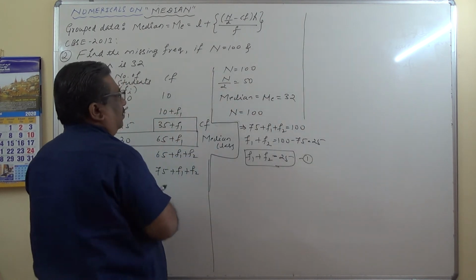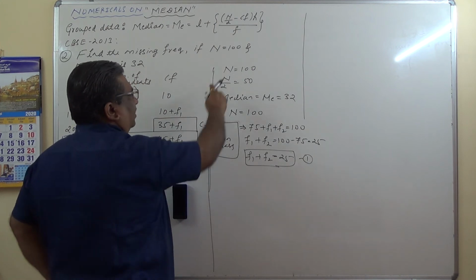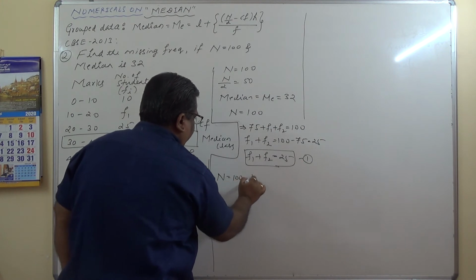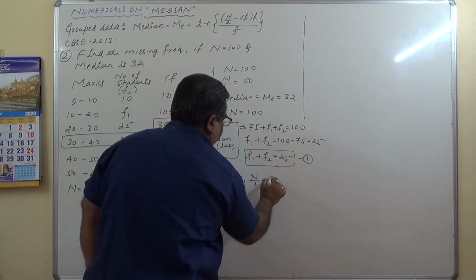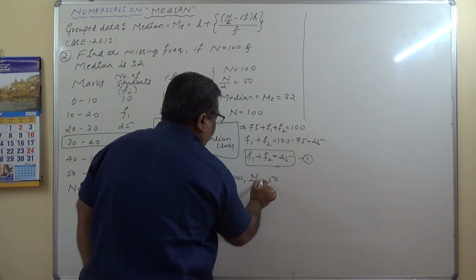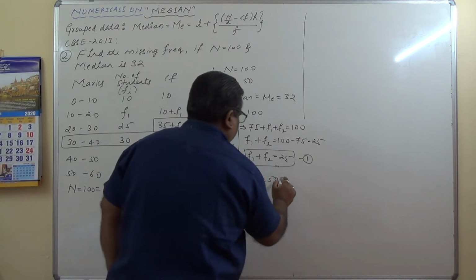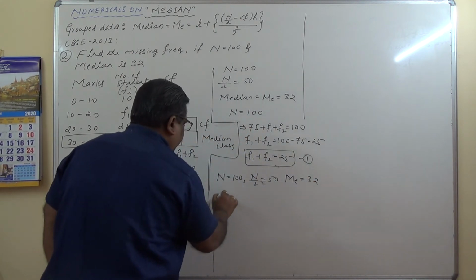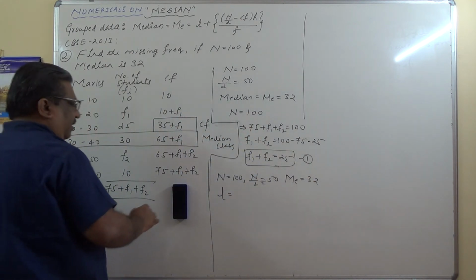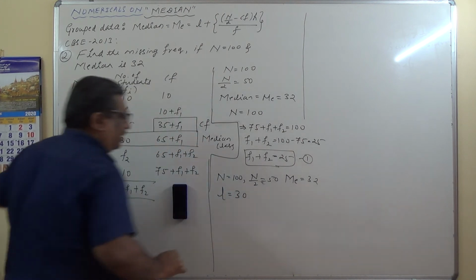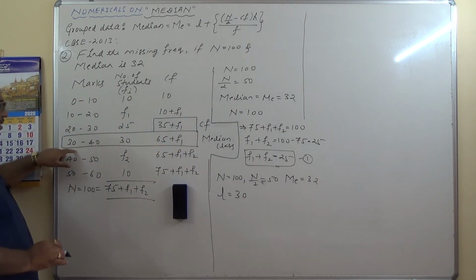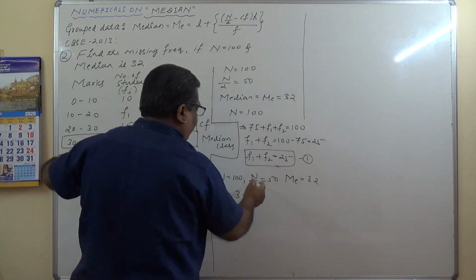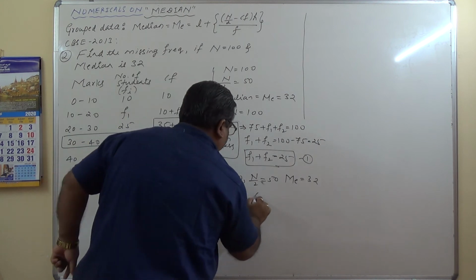Now once again I would like to write all the given information. N equals 100, n by 2 equals 50, and median equals 32. L, the lower limit of the median class interval, is 30. What else do we want? L is done, n by 2 is done, and CF I want.